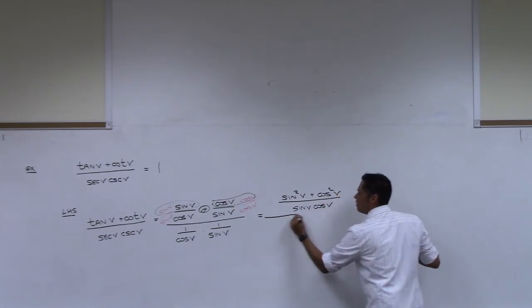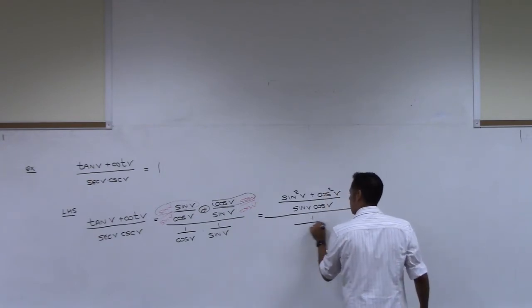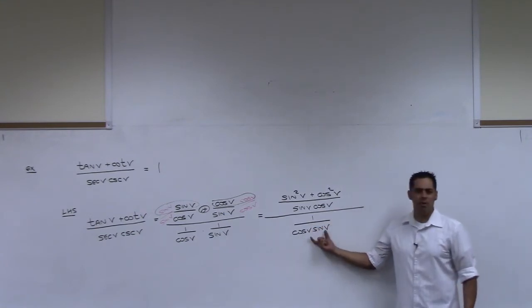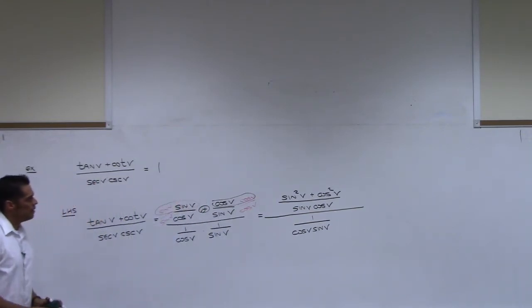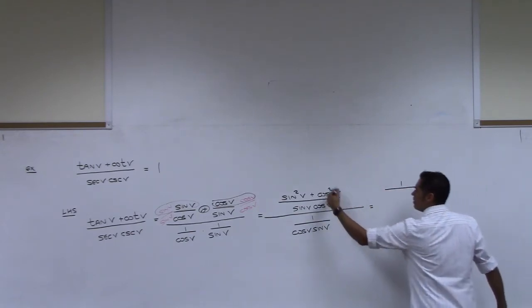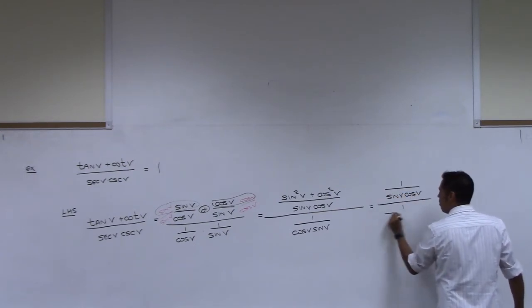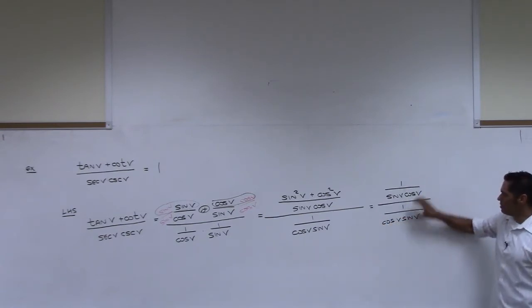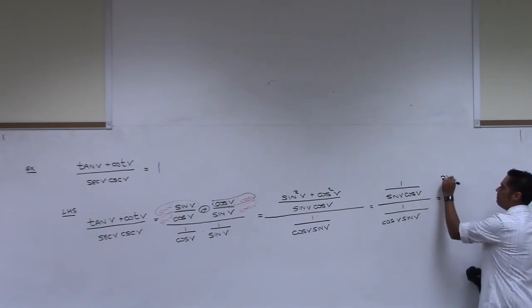All of that over, big division bar here, 1 over cosine v sine v. It doesn't matter which order. If I multiply these two fractions, you just go straight across. So this is going to be 1 over sine v cosine v, because of that Pythagorean identity up there, over 1 over cosine v sine v, and those are identical, aren't they? The order changes down here, but they're identical. This is 1. Right-hand side. Check.